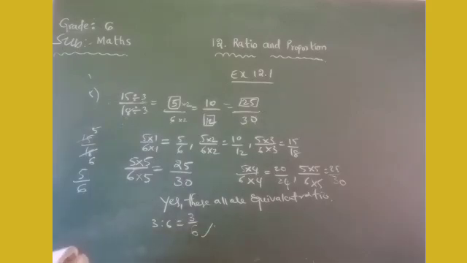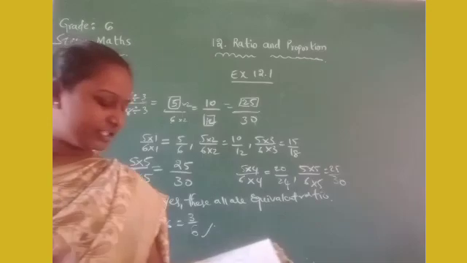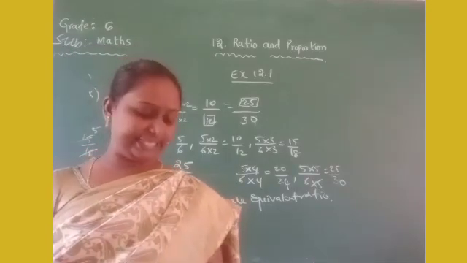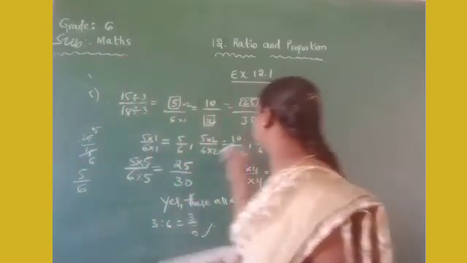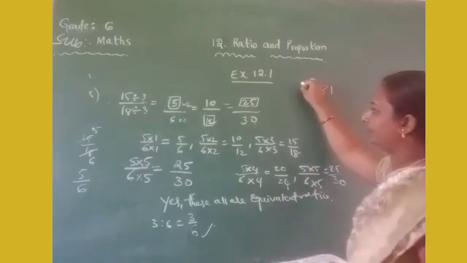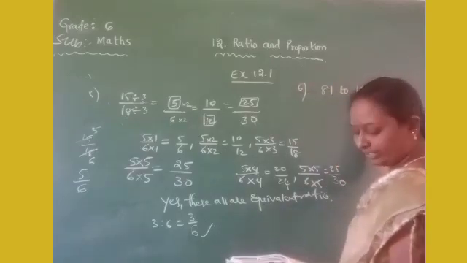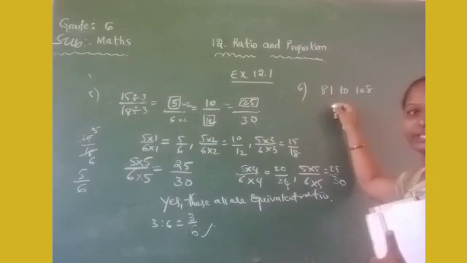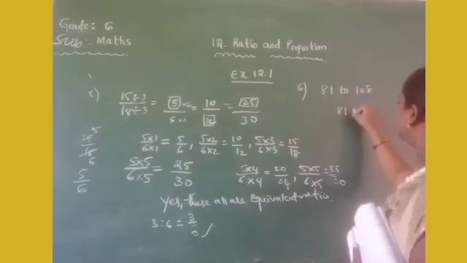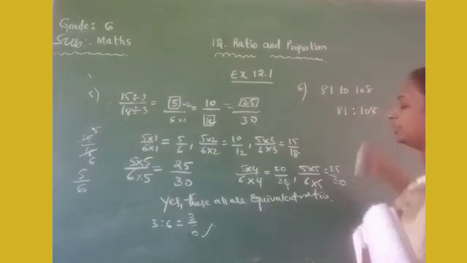Okay children, next, copy this. Find the ratio of the following: 81 to 108. Ratio means use the symbol: 81 is to 108.